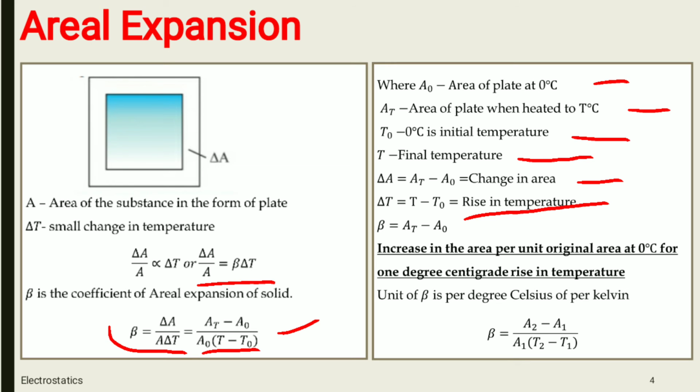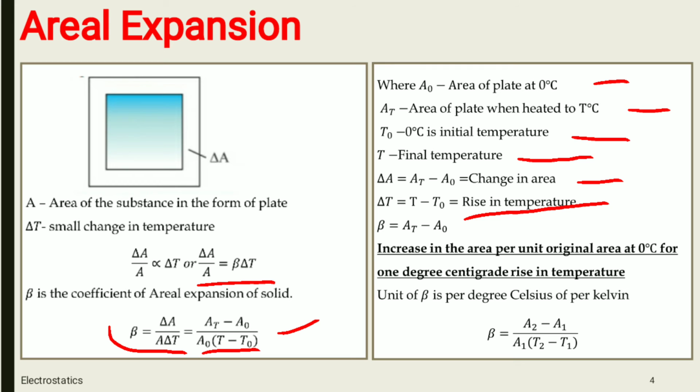Again here, the unit of beta is per degree Celsius or per Kelvin. If you are considering a solid with initial temperature 0 degrees Celsius, and you increase the temperature of the solid, then the coefficient of areal expansion will not vary much with temperature.